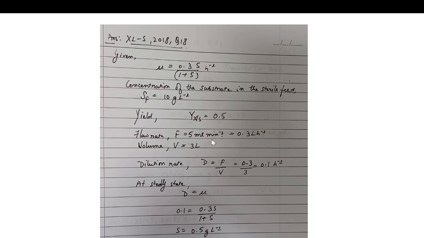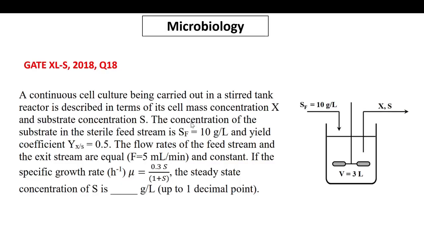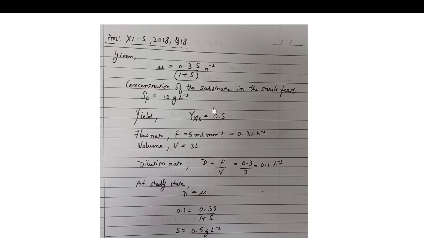The flow rate is this F, which is 5 ml per minute. So it is already given in your question that the flow rate F is 5 ml per minute. We have just converted it into liter per hour, because this is the SI unit.